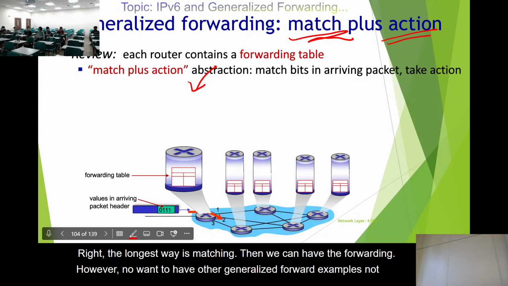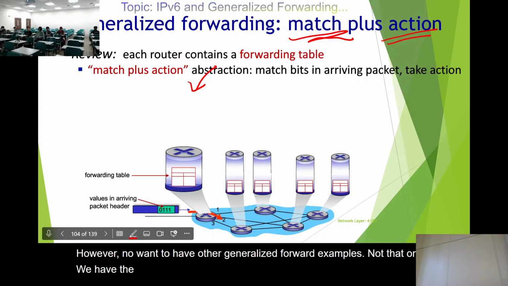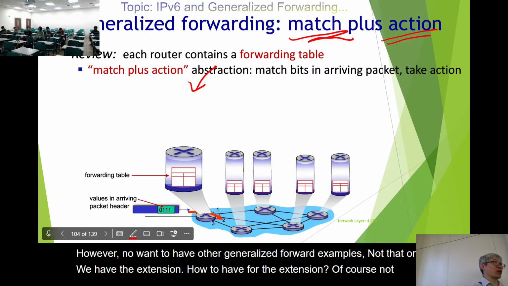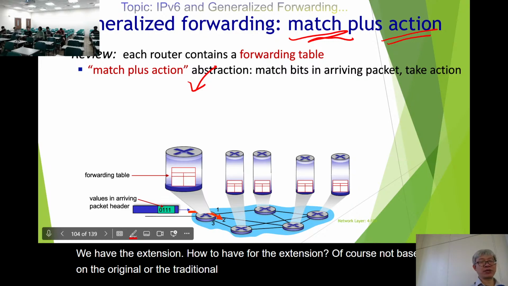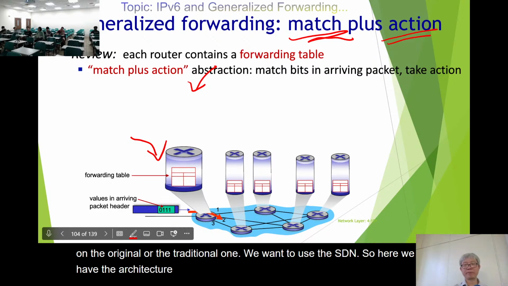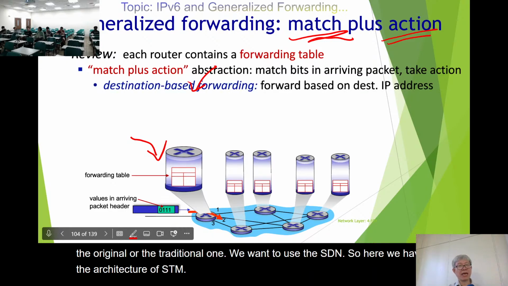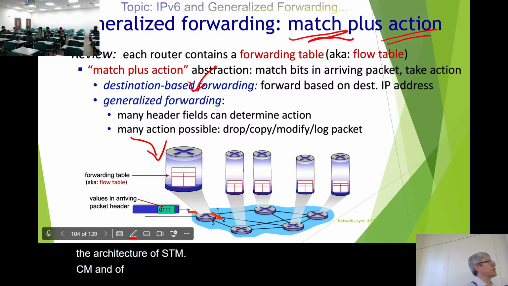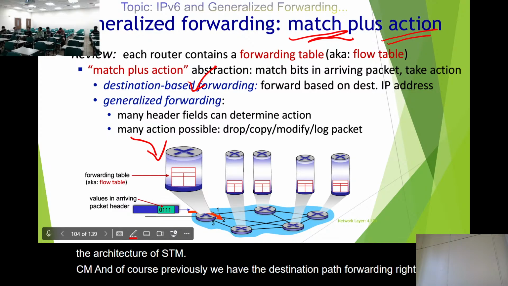We have the extension. How to have the extension? Of course, not based on the original or the traditional one. We want to use the SDN, so here we have the architecture of SDN. And of course, previously we have the destination-based forwarding. Right now we have the generalized one.